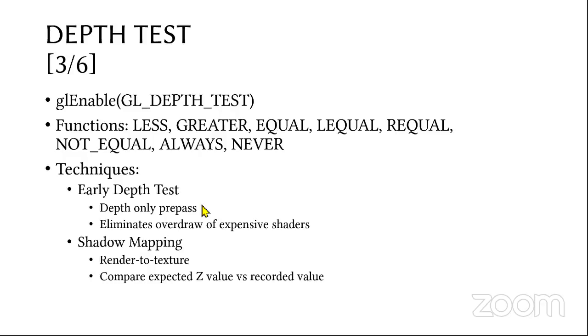And then there's shadow mapping, which we'll go into in more detail in a future lecture. The idea is that you render the scene from the point of view of the light source into a depth map. So now you know approximately, from the point of view of the light, how close all the objects are to the light source.